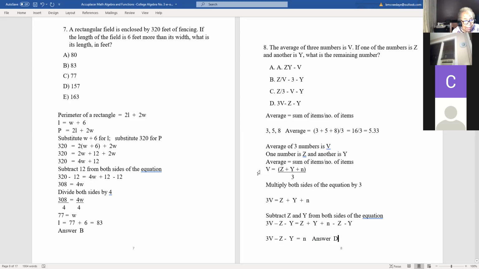So you want to take this equation and solve for N. You first multiply both sides by 3. 3V equals Z plus Y plus N. Then since Z and Y are connected to N by addition, you're going to subtract out the Z and the Y from both sides, and you're left with what? N equals 3V minus Z minus Y.